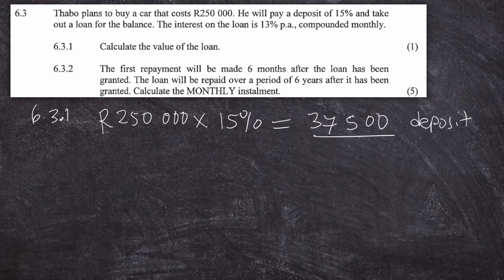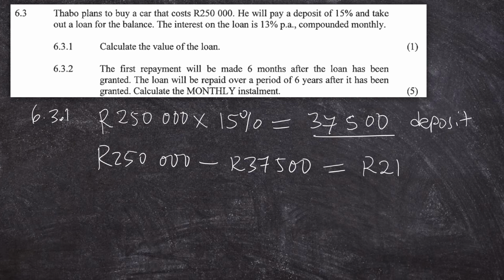Okay, so from the 250,000, we want to know how much is the loan. So we are subtracting the amount that went to the deposit to find how much he requested as his loan in order to pay for the car. So he will request 212,500 rands.